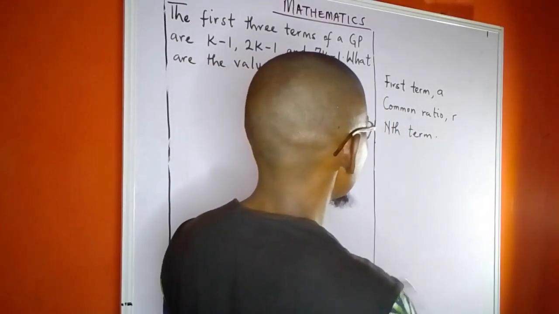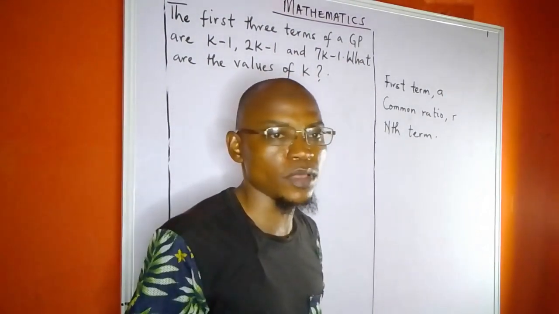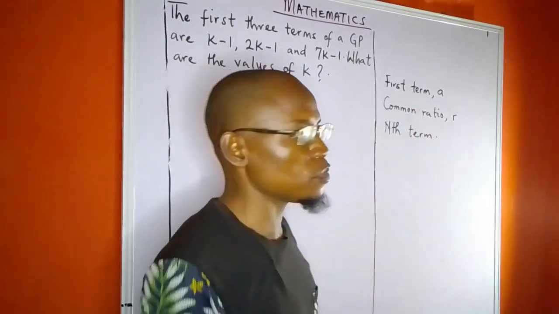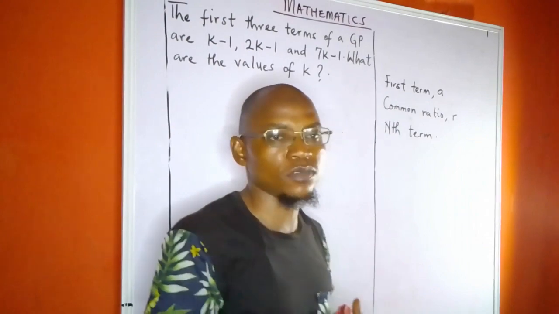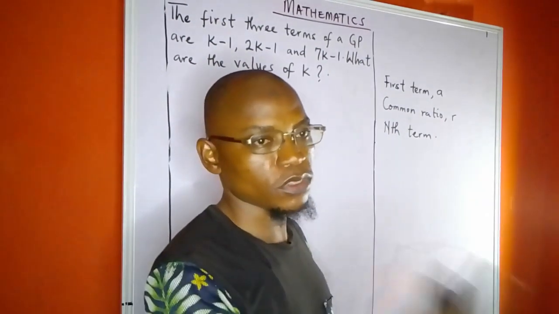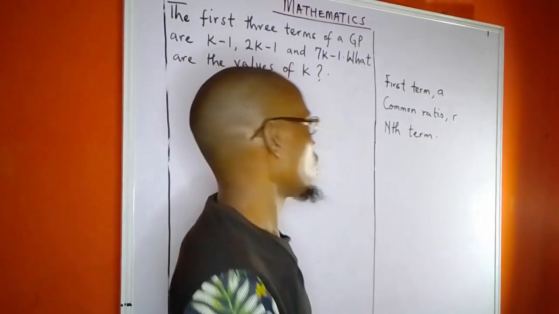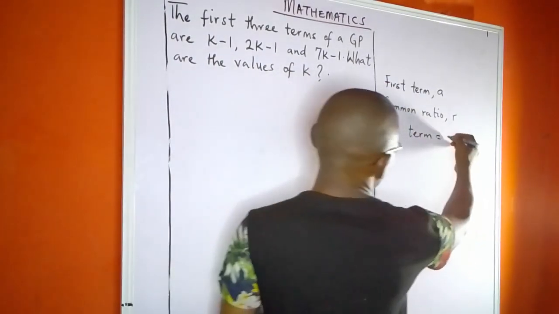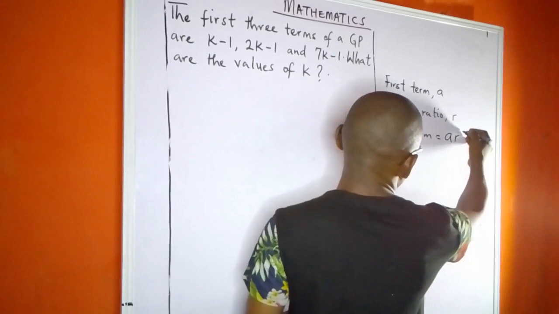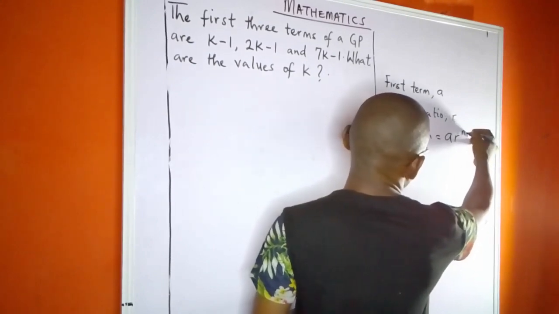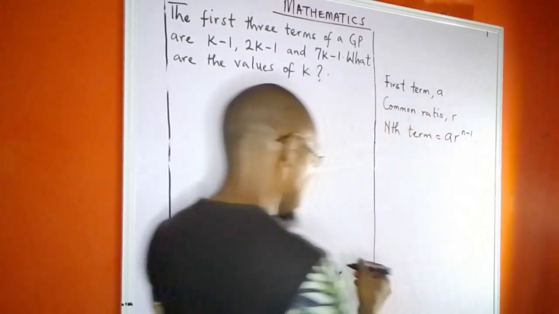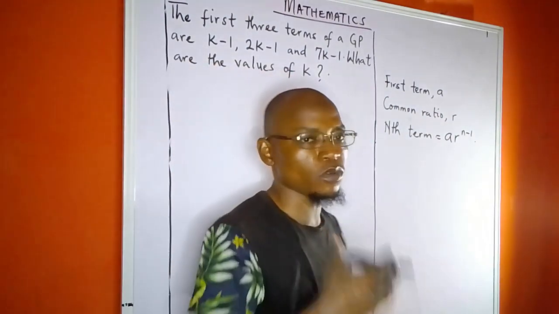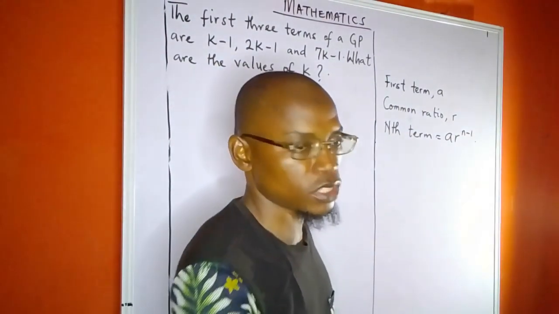Since we have the first term, which is the first value of a geometric progression, we also have the second term and the third term. The nth term is A R raised to the power n minus 1. That's how you get each of those terms.